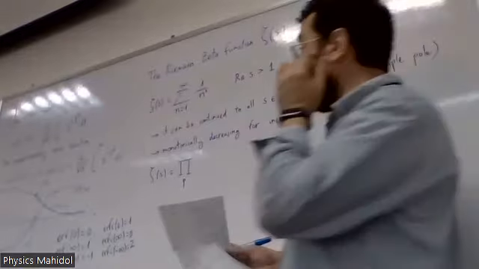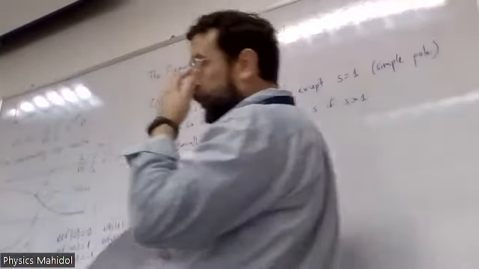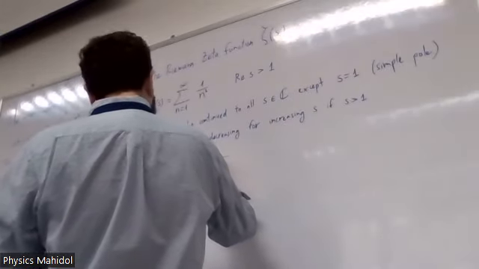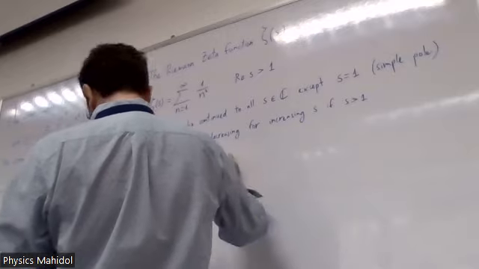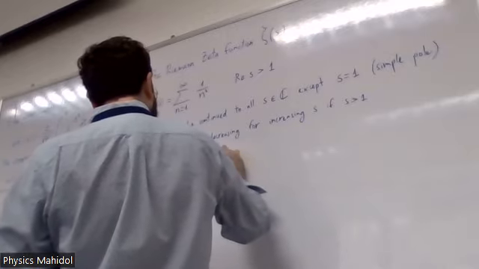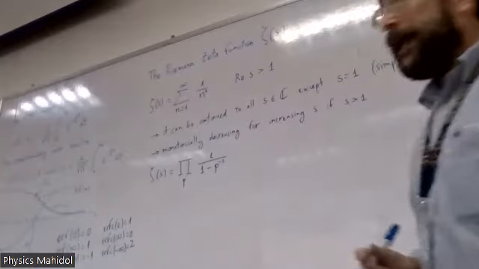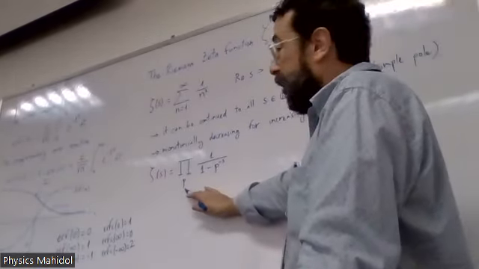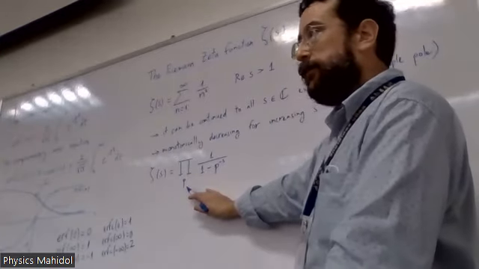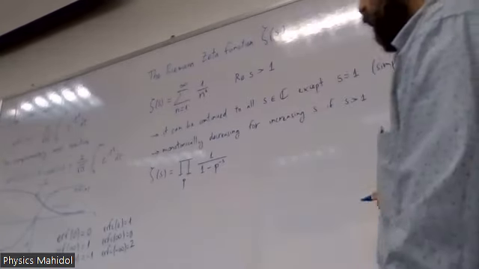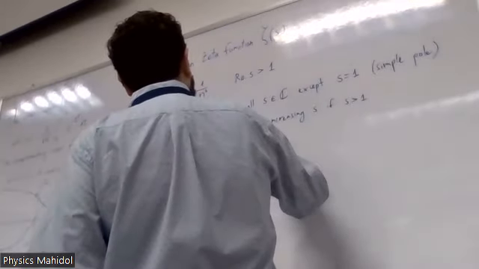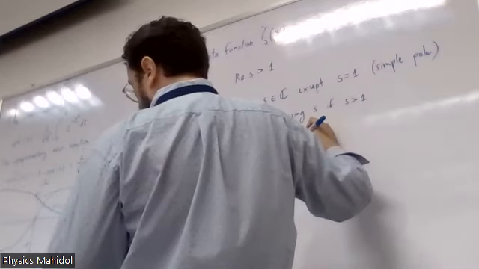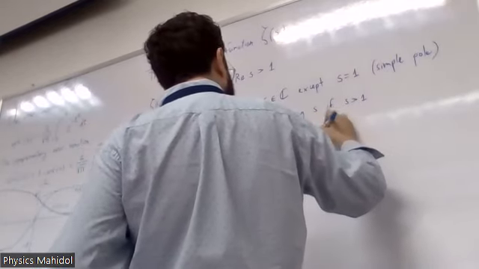Instead of an infinite sum, we have an infinite product of factors of this form: 1 divided by 1 minus p to the power of minus s. But now the values of p are the prime numbers, which is quite amazing. So the same function can be expressed like that, where p are all the prime numbers, okay?